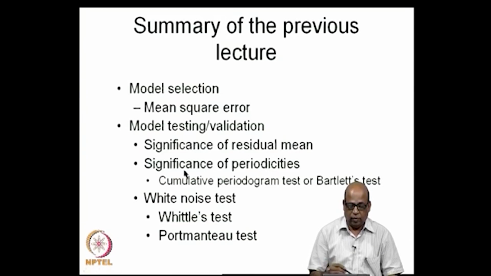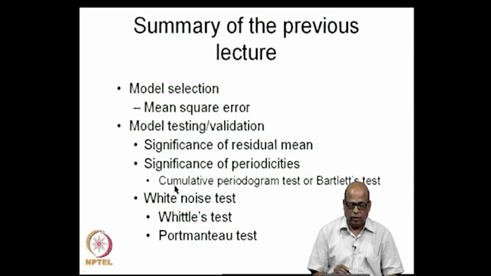one by defining a particular statistic where it examines the periodicities one at a time. So, you form the statistic and then compare it with the associated F value to examine whether that particular periodicity is significant or not. Like this, one by one, you test the periodicities.